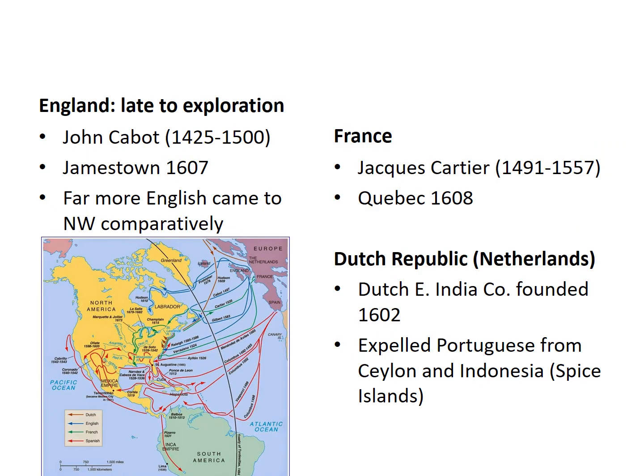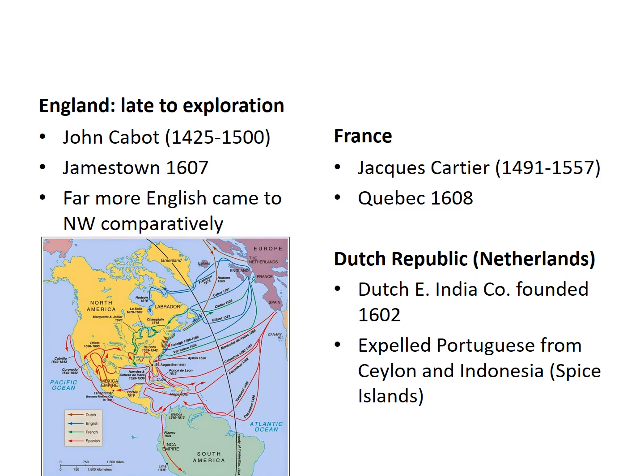England was later to the exploration game, if you will. They got into it when they hired actually a Frenchman, John Cabot, to push westward. Eventually, this will lead to other expeditions. In the early 1600s, the first colony that would be established by England will be at Jamestown.